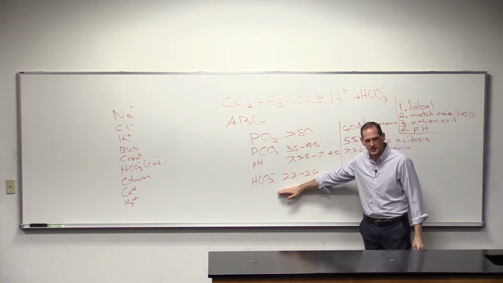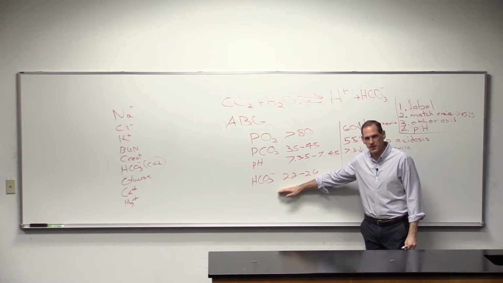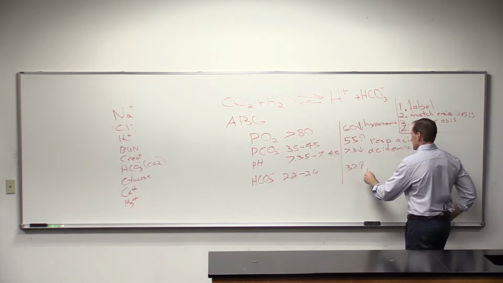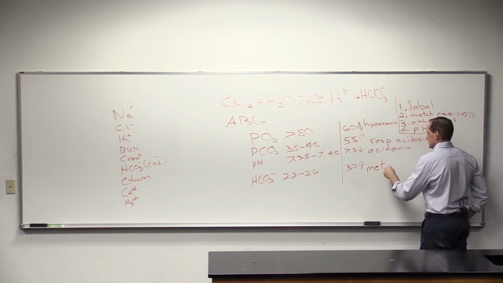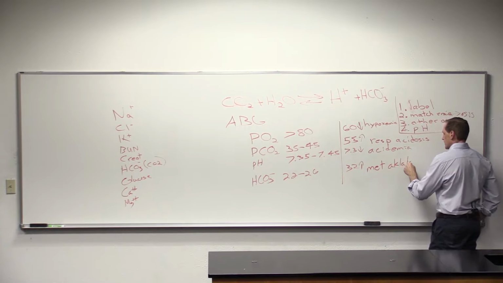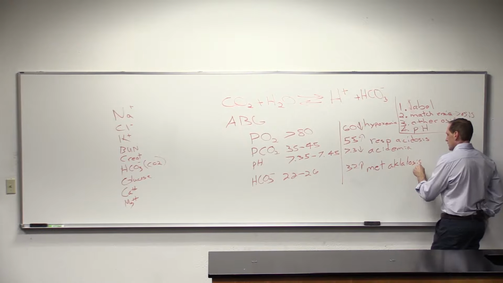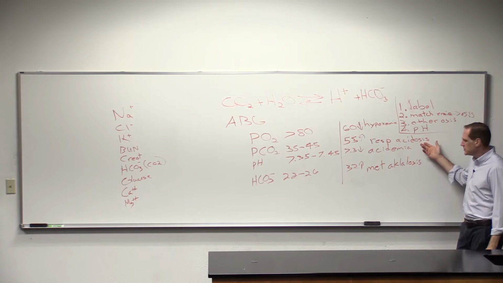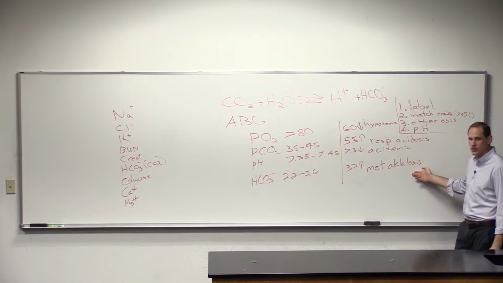Now this one, bicarb levels. Bicarb, is that a base or an acid? It's a base. So high levels of base, metabolic alkalosis. All right, so you've got two osises, a respiratory acidosis and a metabolic alkalosis.